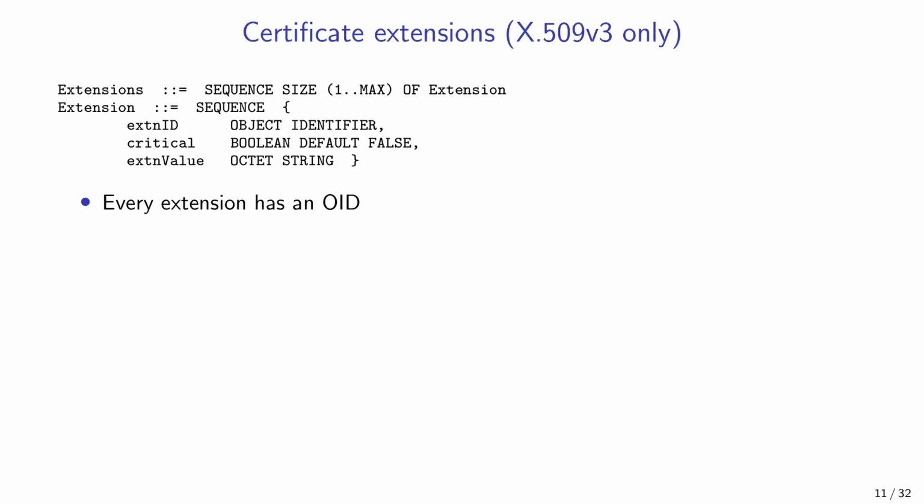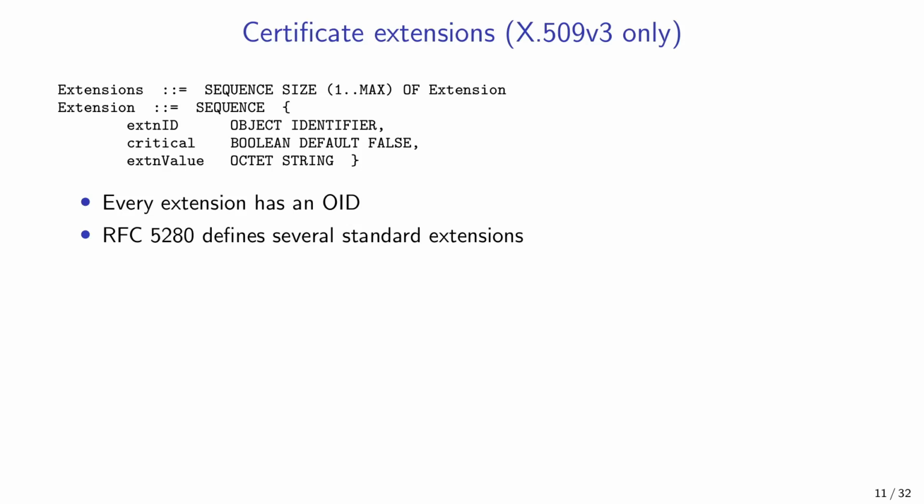Every extension has an object identifier, and the X.509 standard defines several standard certificate extensions which have to be recognized by standards compliant certificate path validation algorithms. We can invent our own extensions by registering a unique object identifier, but this, of course, will not guarantee that our extension will be automatically recognized by all certificate validation software out there.